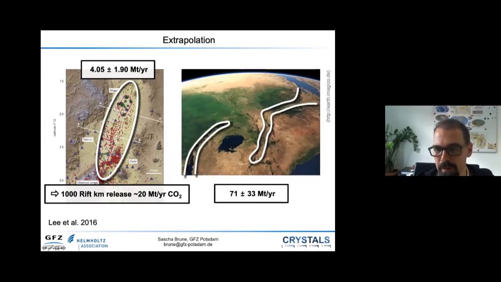Or if we scale it up to the entire East African rift, then we get about 71 megatons per year, plus minus 33. And this compared to what we think comes out of the mid-ocean ridges is essentially the same ballpark. So this was the argument that rifts might be a previously underrepresented tectonic feature of the carbon cycle.